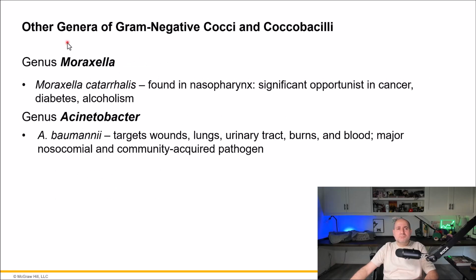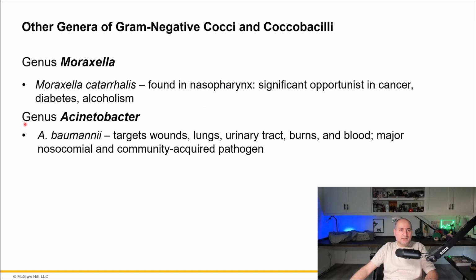Now, other important gram-negative cocci or coccobacilli to talk about, the genus Moraxella. Moraxella catarrhalis is found in the nasopharynx. It's a significant opportunist in cancer. So unfortunately, in patients with cancer, diabetes, or alcoholism, this opportunist can cause infection.